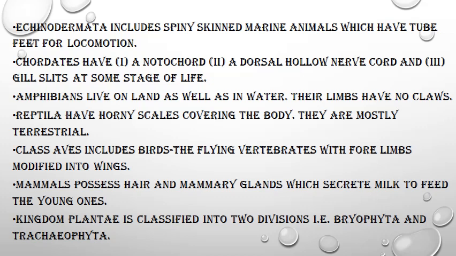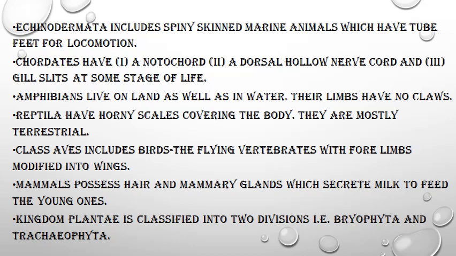Chordates have notochord, dorsal hollow nerve cord and gill slits at some stage of life. Amphibians live on land as well as in water. Their limbs have no claws. Reptilia have horny scales covering the body. They are mostly terrestrial. Class Aves includes birds, the flying vertebrates with 4 limbs modified into wings. Mammals possess hair and mammary glands which secrete milk to feed the young ones.